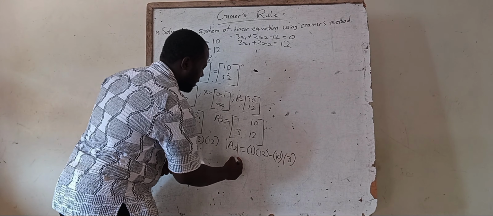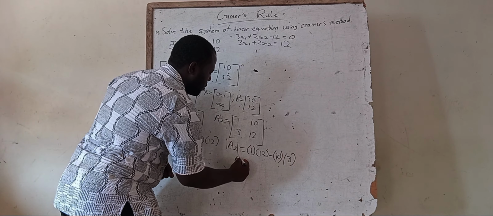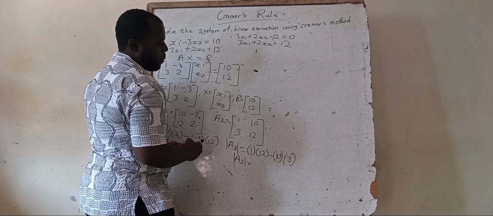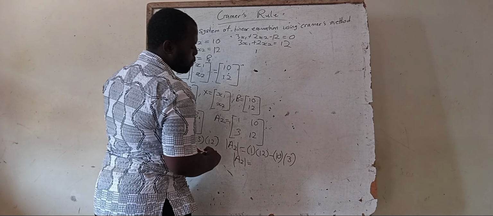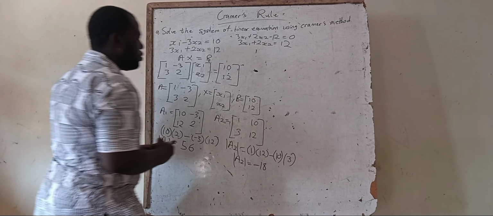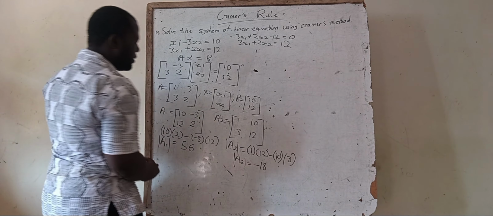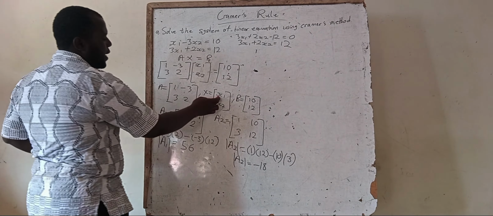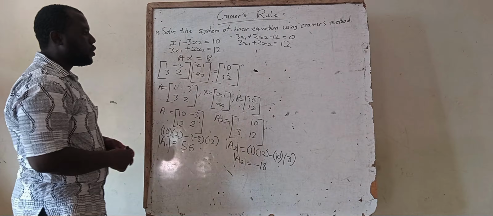So the determinant of A2 will give us -18.